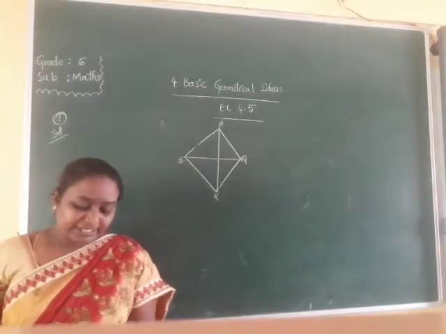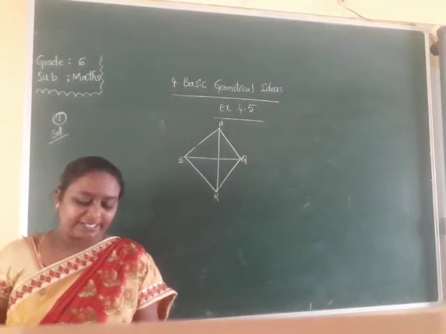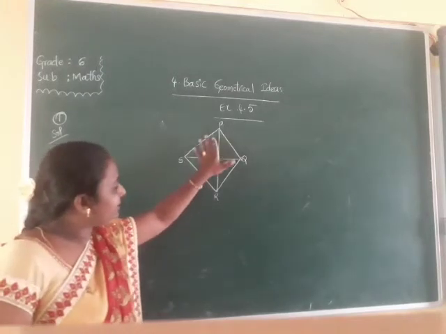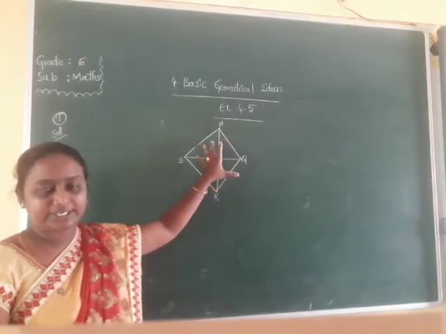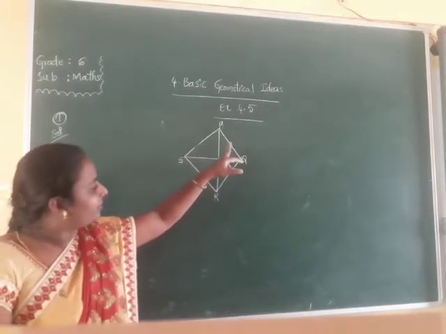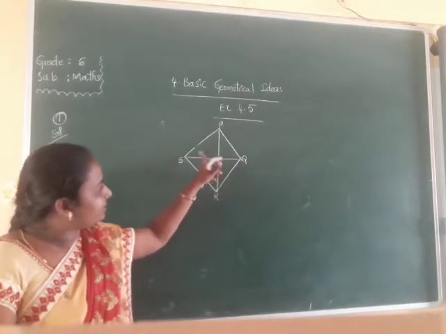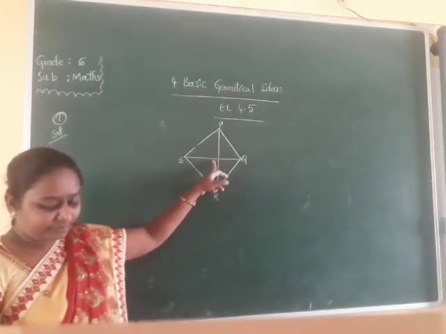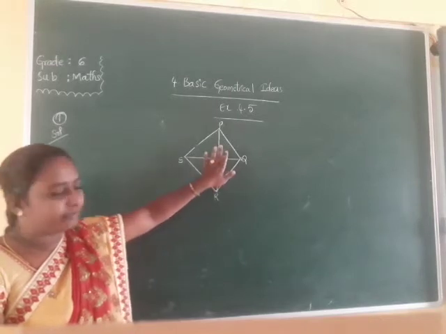Now, next is the meeting point of the diagonals in the interior. So, after construction of this PQRS quadrilateral, two diagonals we have drawn. These two diagonals are meeting at one point.